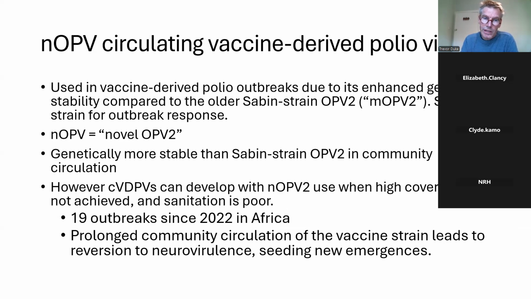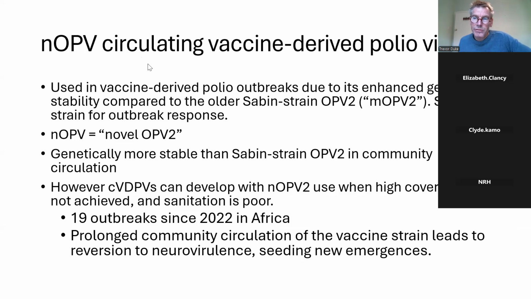And it's called NOPV because it's safer in that it is much more stable genetically and much less likely to revert to a neurotropic virus, right? It's highly immunogenic, but it doesn't revert to neurovirulence, less likely to cause circulating vaccine-derived polio.